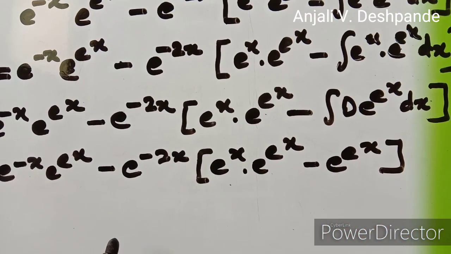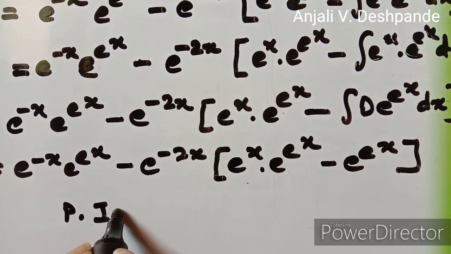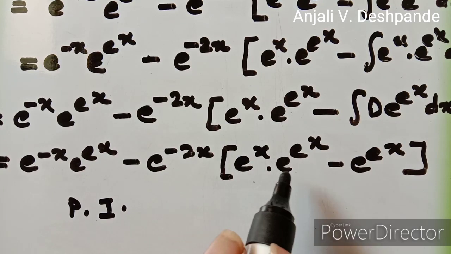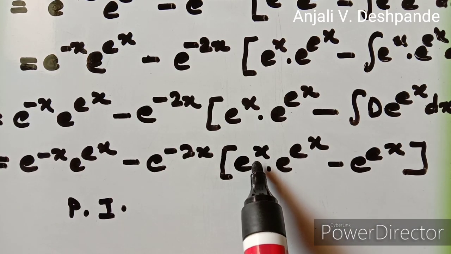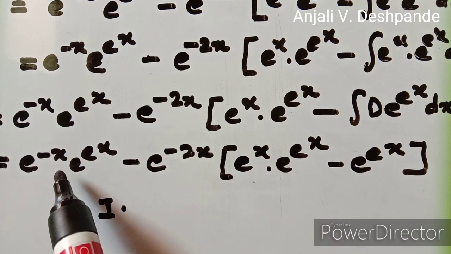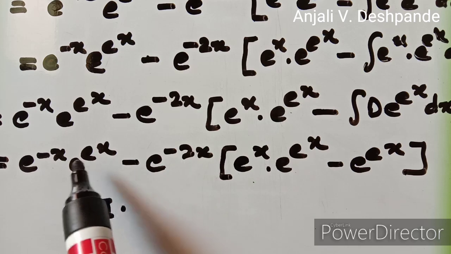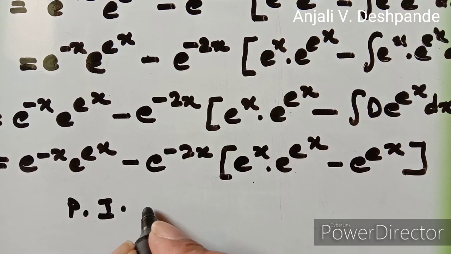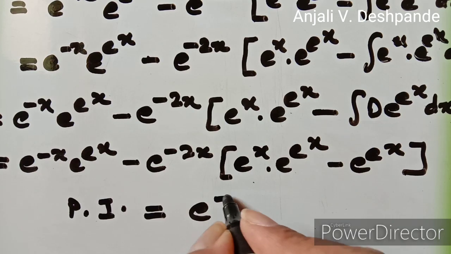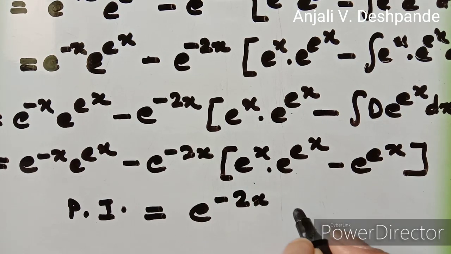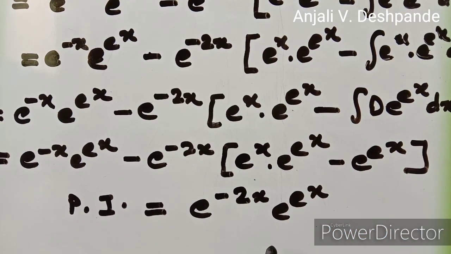In this manner the PI will be equal to, a little bit of simplification, you have to open the bracket. Once you multiply inside, you will see that this term and this term get cancelled out, and only this term remains, e raised to minus 2x into e raised to x. So this is the PI.